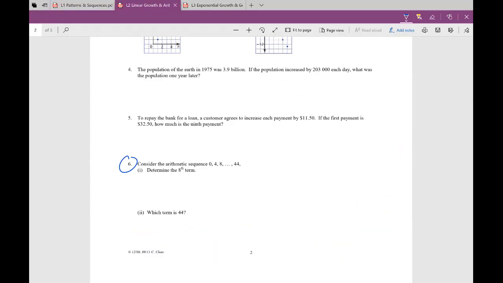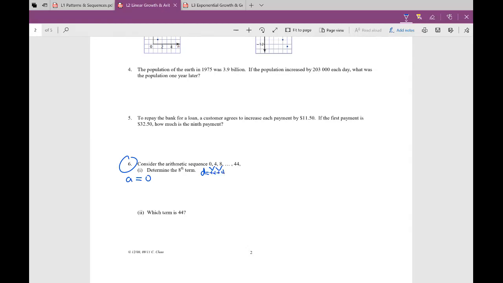Well, with this question, we want you to kind of work with the formulas. So the way that most students would do it is, first of all, the first term is 0. And just to make sure it is a linear pattern, an arithmetic sequence, some of you are noticing what I'm doing down below. You don't have to do this.